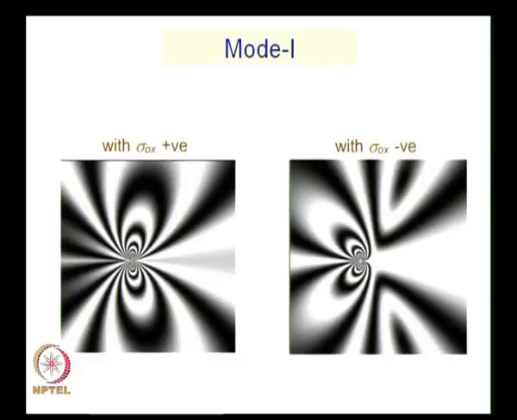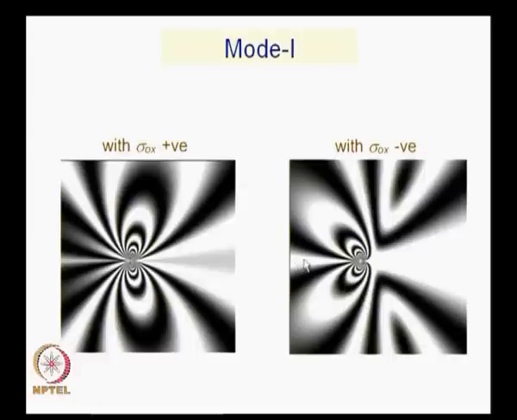In that situation, if you have a crack and the loading is applied, you find the fringes are backward tilted. So, people are happy with Irwin's solution that by changing sigma naught x suitably as positive or negative, they could analyze short cracks in SEN specimens, and they could analyze short cracks in the case of RDCB specimens.